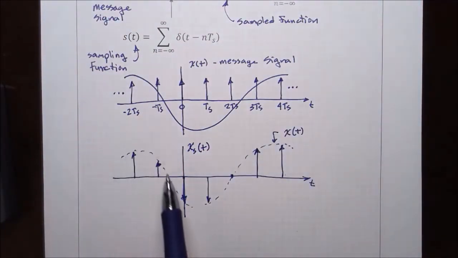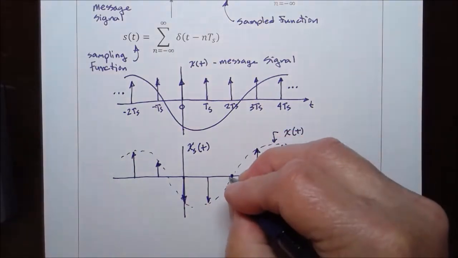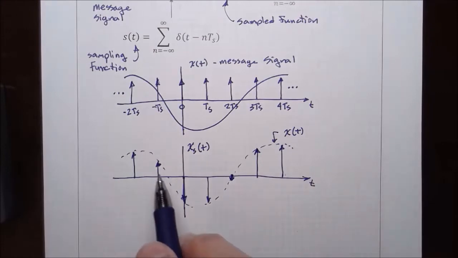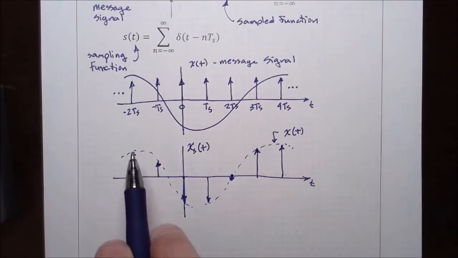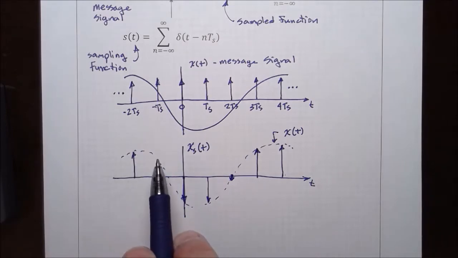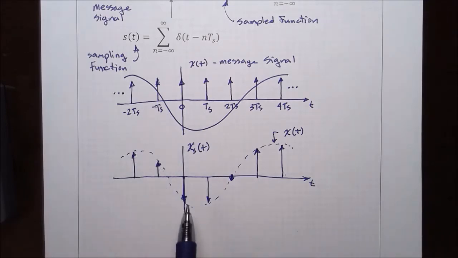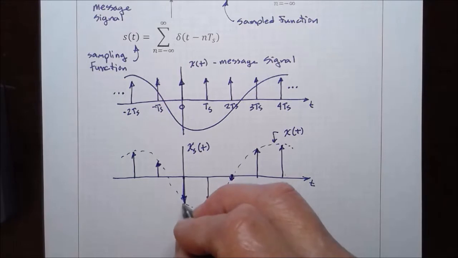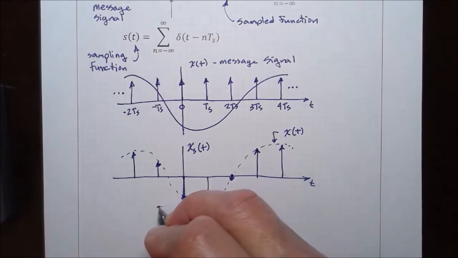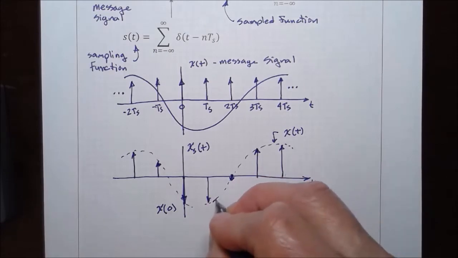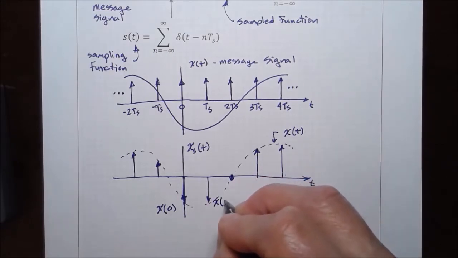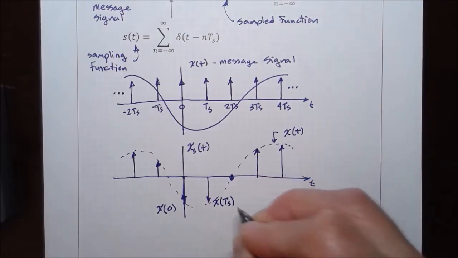So these are the time sampled delta functions. The area underneath each one of these delta functions is now scaled by the value of the continuous function. So this one has a scale of x at 0. This one has a scale of x at time ts.